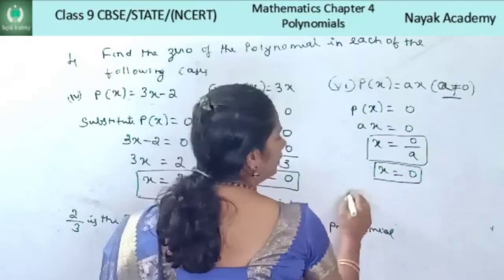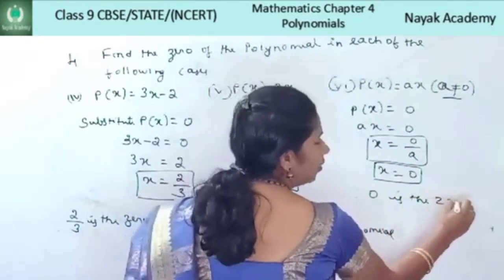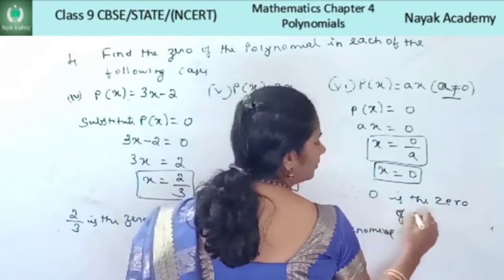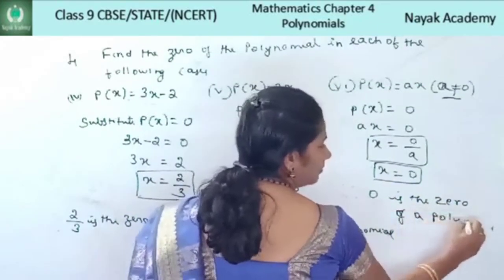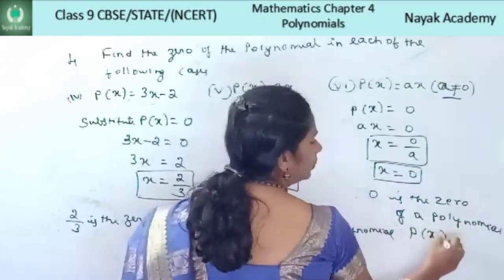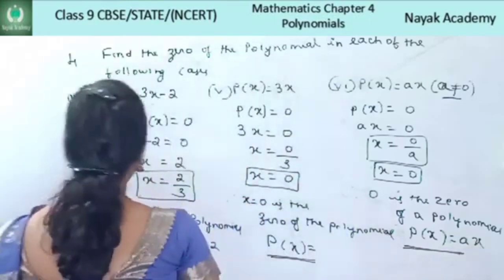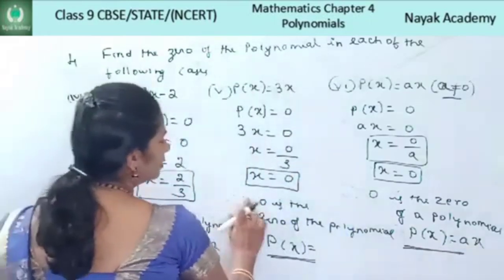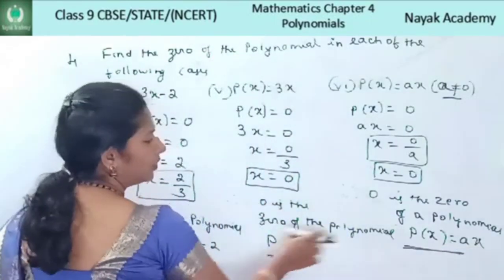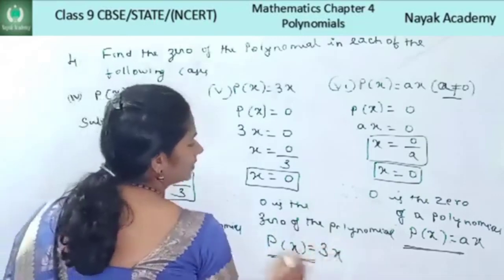Got it? Therefore 0 is the zero of the polynomial p of x is equal to ax. Here also no need to write x is equal to, children, just write 0 is the zero of a polynomial p of x is equal to ax.